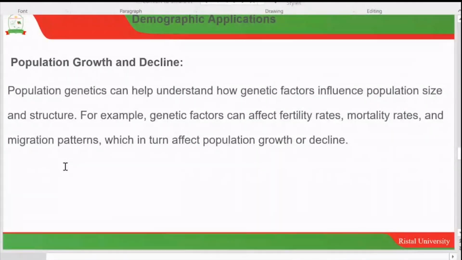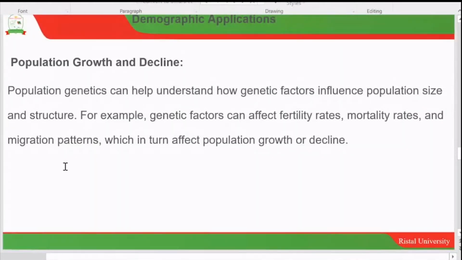Say they are more susceptible to malaria or other illnesses. Then you will be able to take preventive measures to help this community before they get those diseases. So that is how it is applicable.